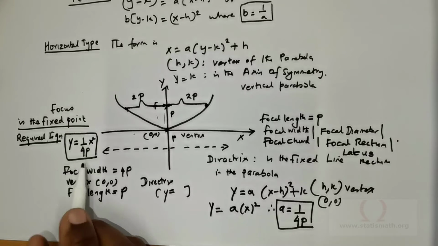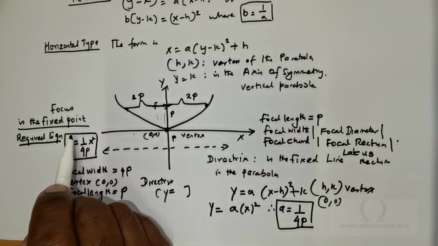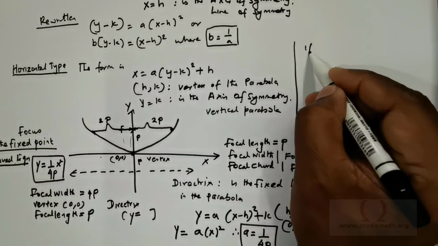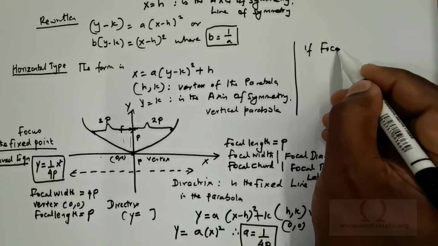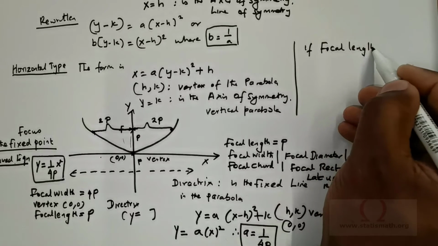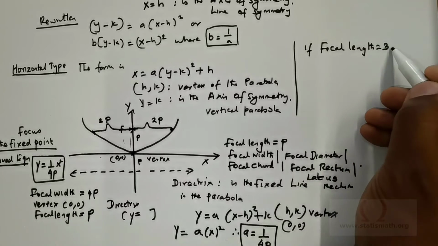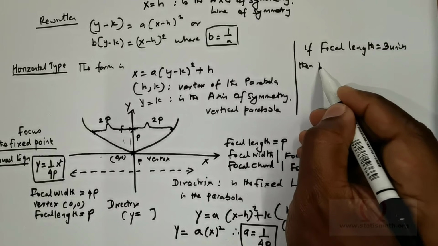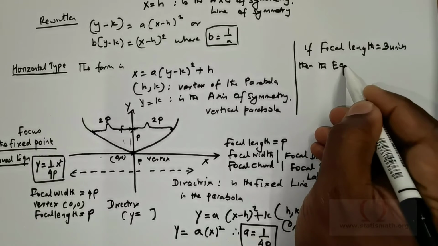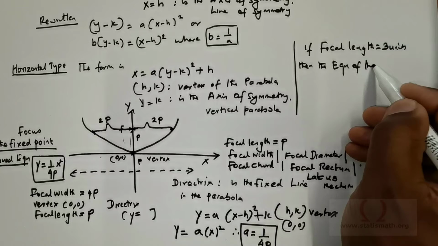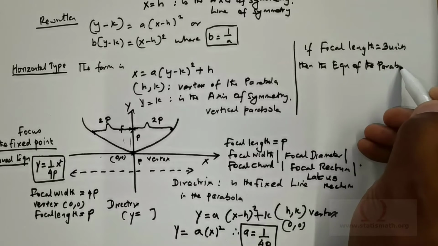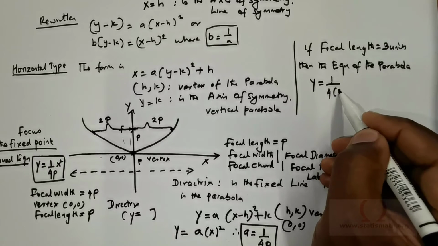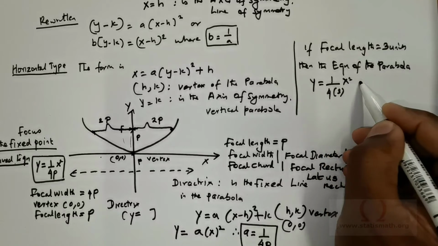Now, if they give you the value of p, okay, if they say that the focal length is 3 units, then the equation of the parabola would be y is equal to 1 over 4 of 3 units times x squared.